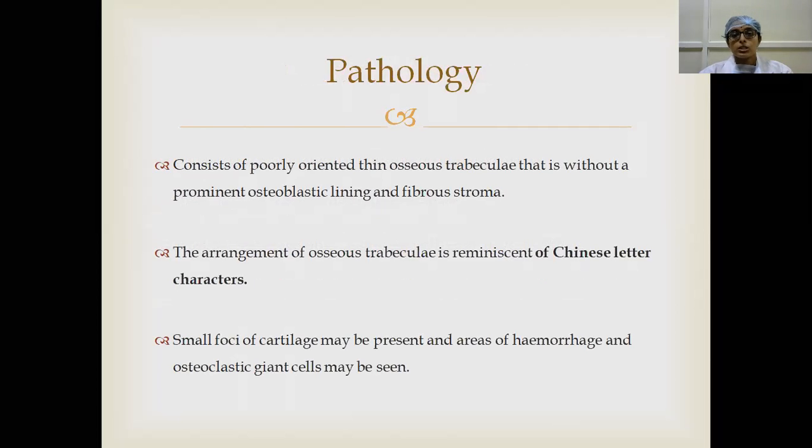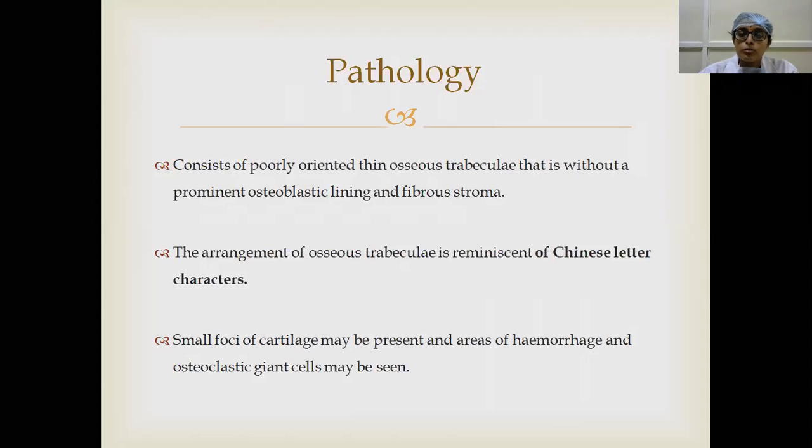Coming to the pathology, we have seen that there will be fibrous stroma predominantly with some metaplastic bone islands. In collaboration with that statement, you can see in pathology that it consists of poorly oriented thin fibro-osseous structures with osteoblastic lining, and there will be fibrous stroma.